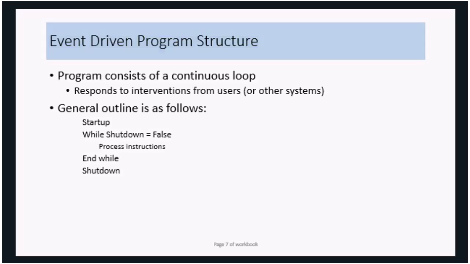So the general outline of our event-driven program is any actions we have to carry out on startup, and then while the shutdown flag or variable is false, it will loop and just continue looping, processing any instructions that come in. And then when something causes shutdown to become true, the while loop will end and the shutdown process will be carried out.